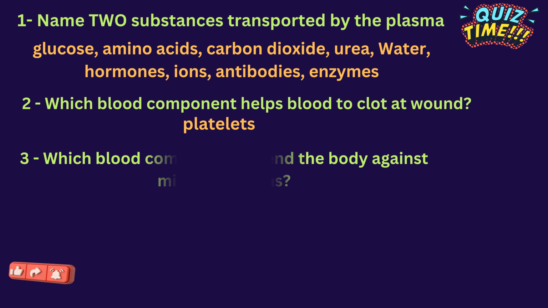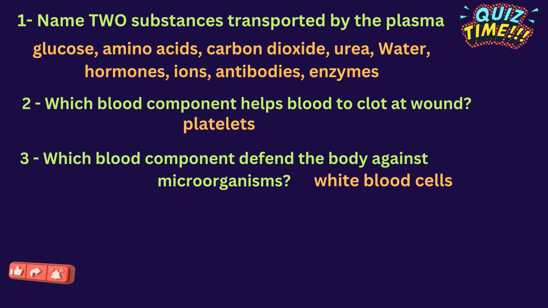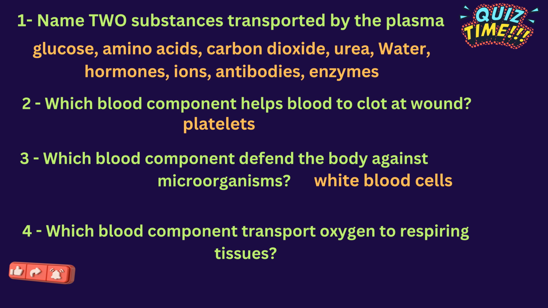Platelets, very good. Number three, which blood component defends the body against microorganisms? Very good, white blood cells. Lastly, which blood component transports oxygen to respiratory tissues? Very good, red blood cells.